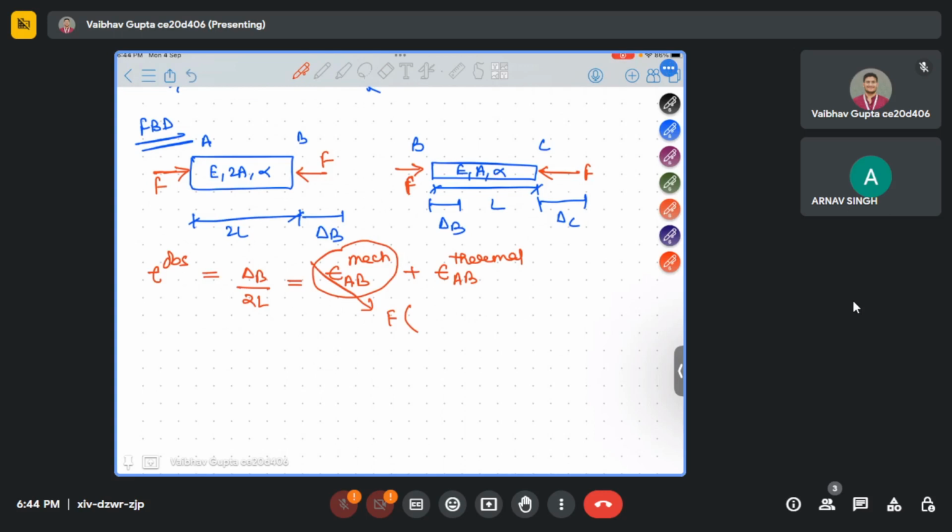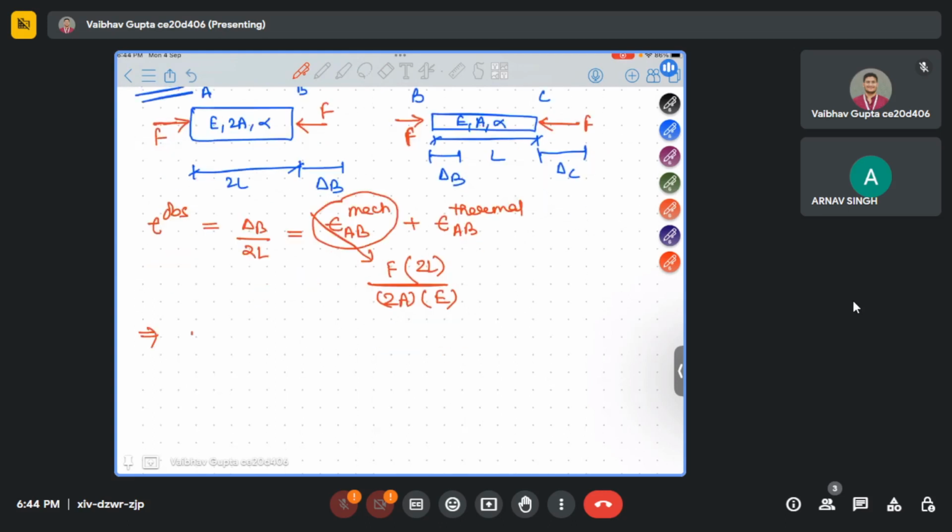So epsilon mechanical is PL over AE, where P is F, L is 2L, A is 2A, and E is E. Delta B by 2L is equal to FL over AE, with a minus because a compressive force has been acting, plus alpha delta theta.